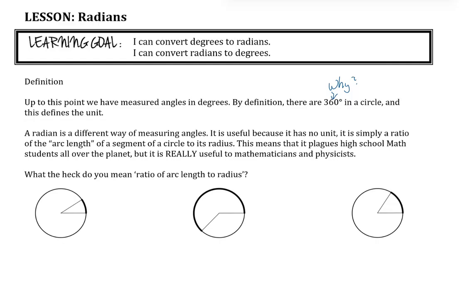That's what it means by having no unit: it's naturally defined, not arbitrarily defined like cutting a circle into some number, like 360 equal parts. It is a ratio of the arc length of a segment of a circle to its radius. So it comes from the relationship of an angle in a circle and the arc length that that angle defines, or vice versa. The arc on a circle and the angle, we call that subtended, don't worry about that word, by the arc on a circle.